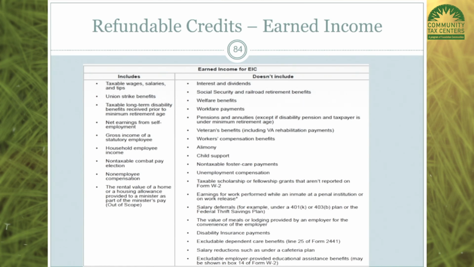And so they have earnings as an inmate, disability insurance payments, and so forth. So a person has to have earned income, and we're going to look at those income guidelines in order for them to qualify for the earned income credit.